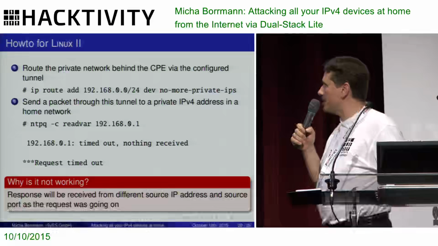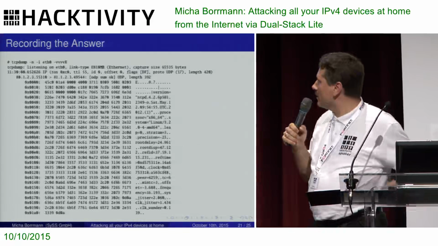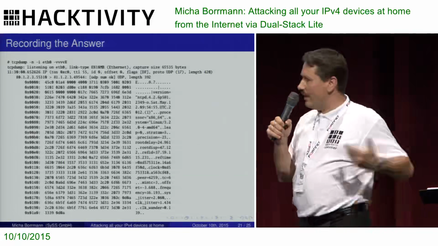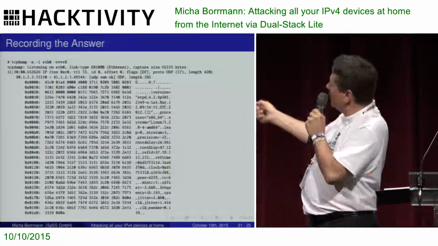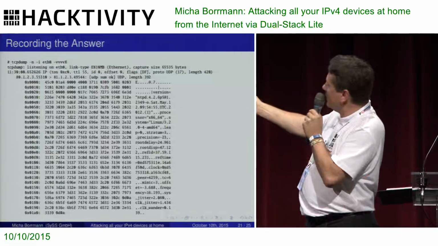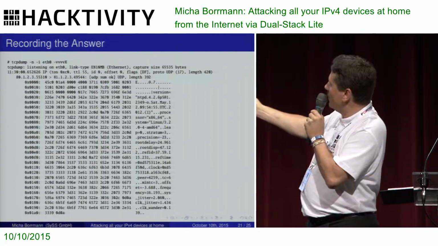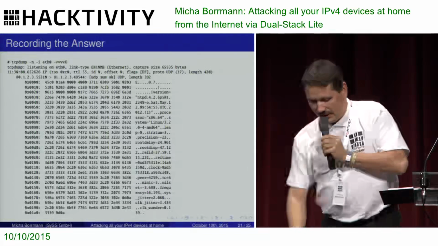And also ports are different. The easiest way to record the answer is tcpdump. And that's a real output, not live, but captured on a real system. And you see here, this answer comes from the AFTR IPv4 address to my IPv4 address, and you can display all the content.